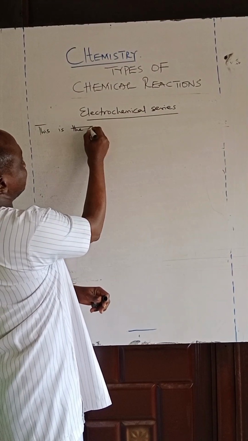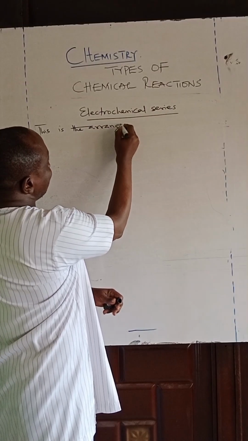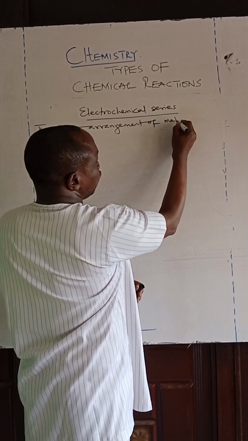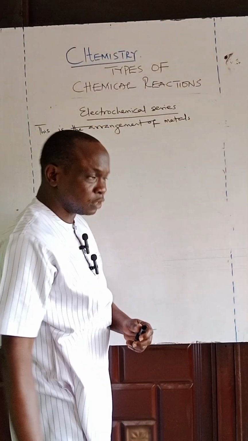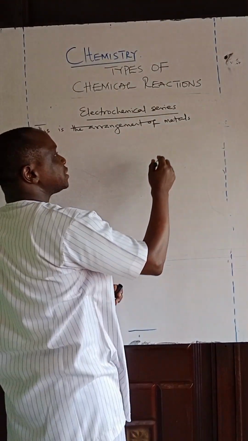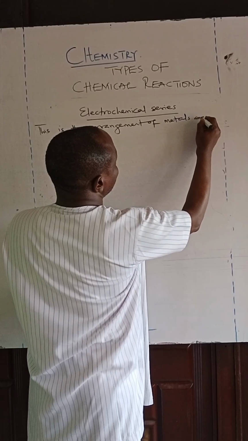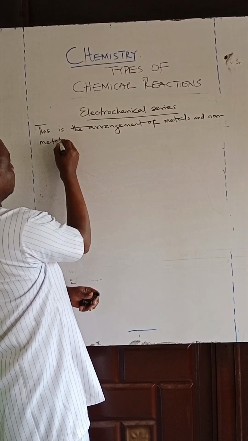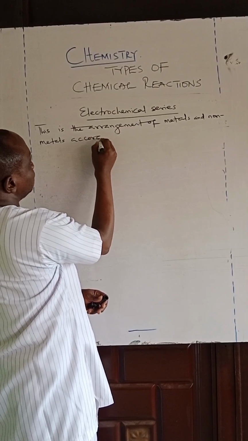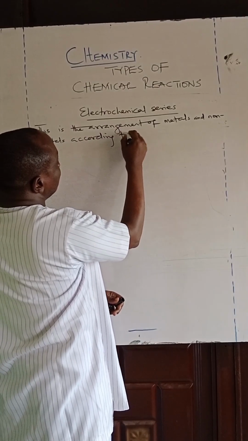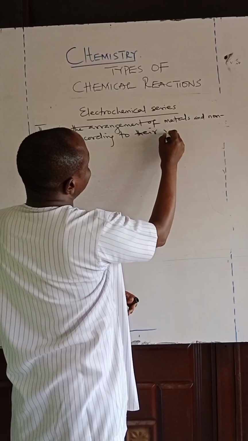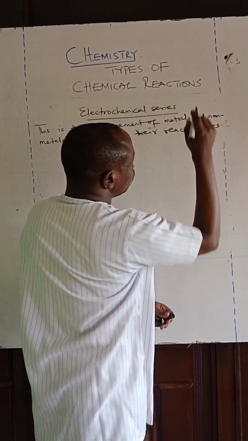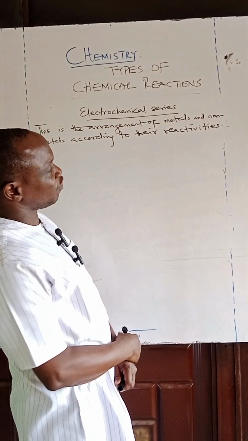This is the arrangement of metals and non-metals, but we are considering metals for now, according to their reactivities, according to their activities.